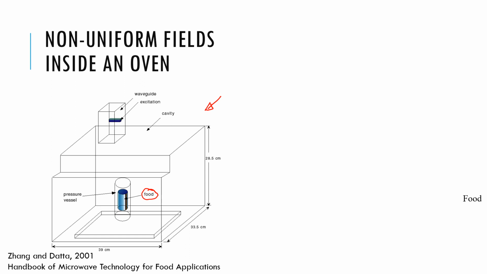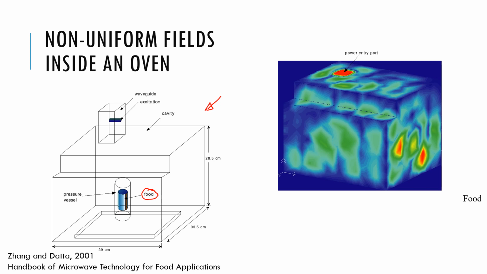If we look at the fields inside this oven, it looks like this, very non-uniform, and you can see the highs and lows. The reds are the highest, and then the blues are the lowest, and you can see these patterns. They come from the standing wave pattern of the microwave fields inside the oven.